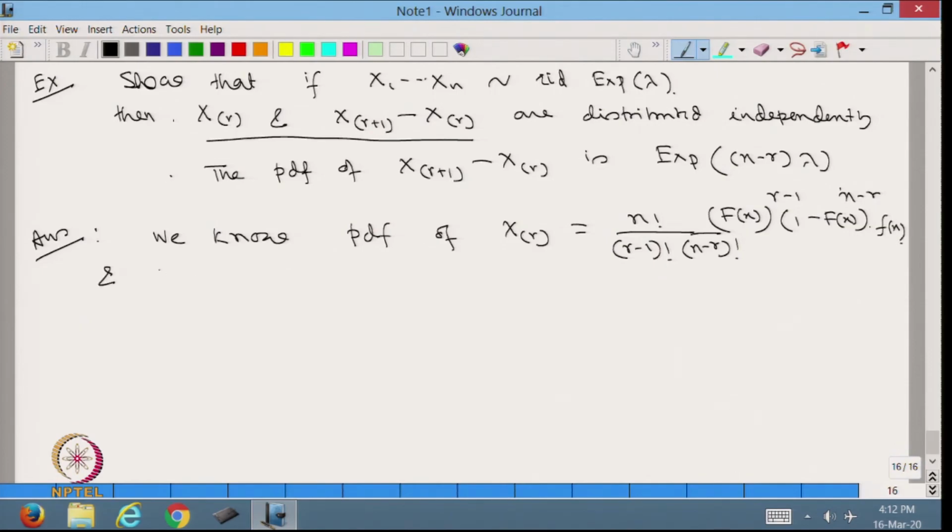And the joint PDF of X_r and X_{r+1} is, how to get that?